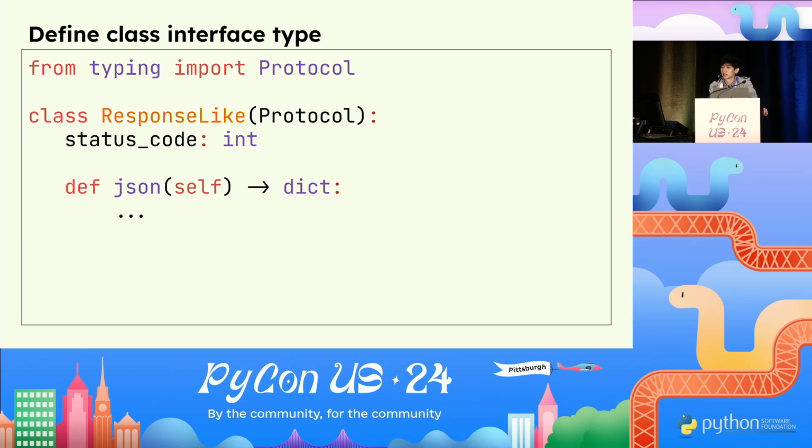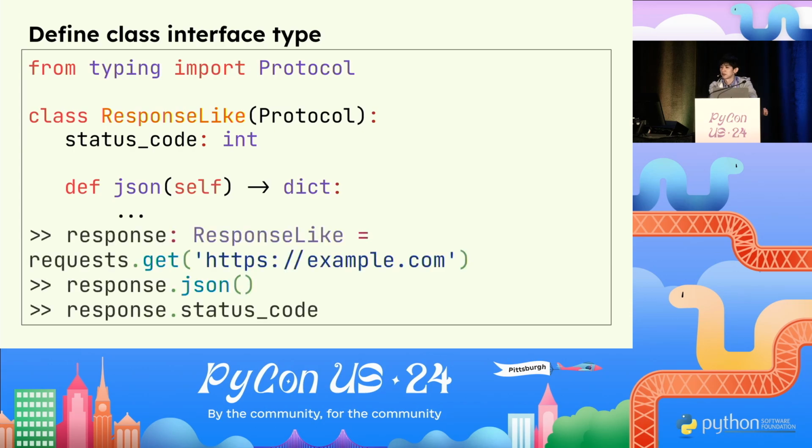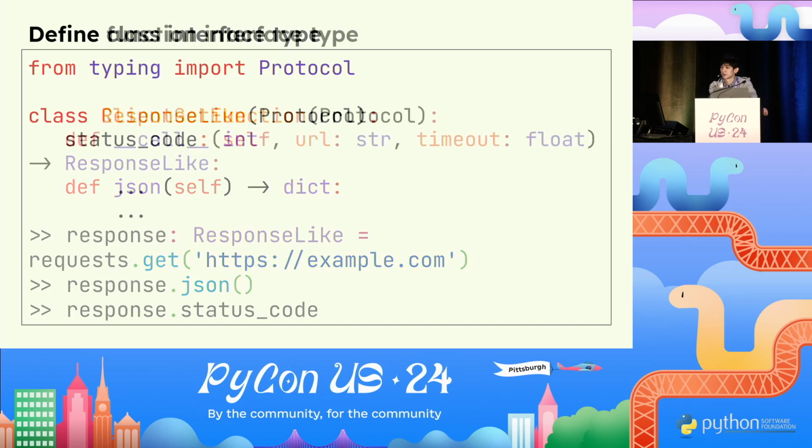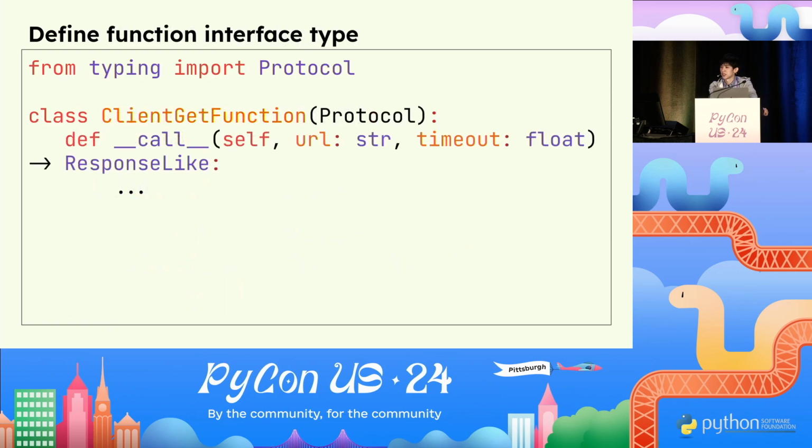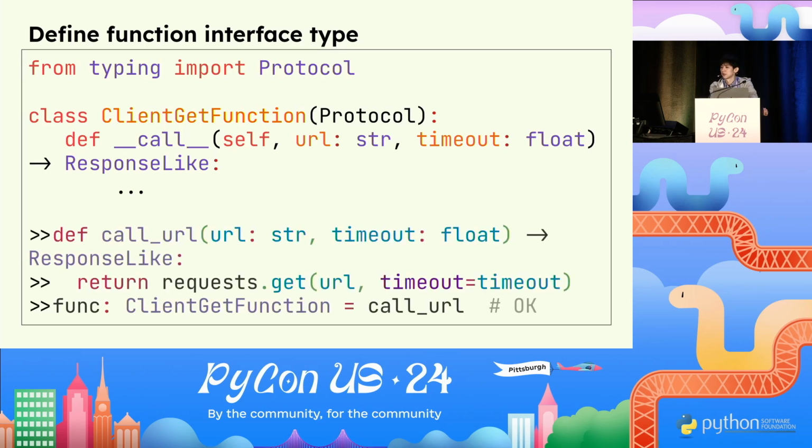It also has a json method that returns a dict. I expect this behavior like requests. Also, we define the function with a typing protocol by using the __call__ method, like this.